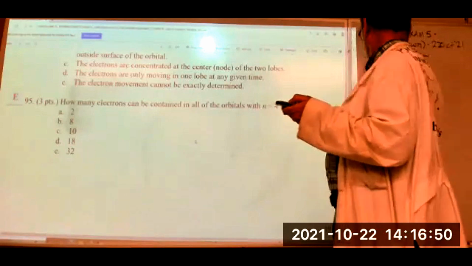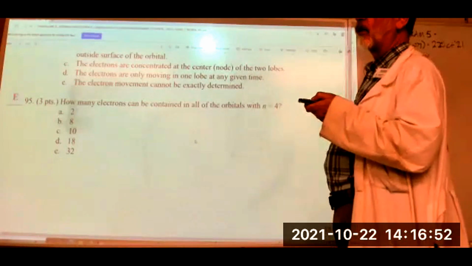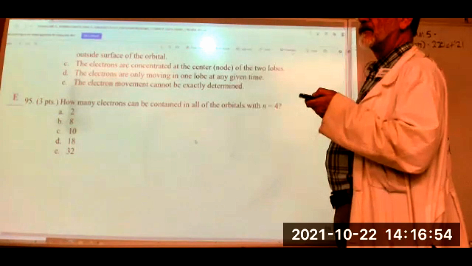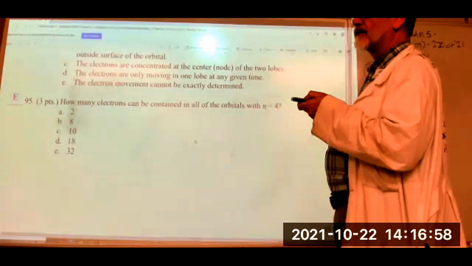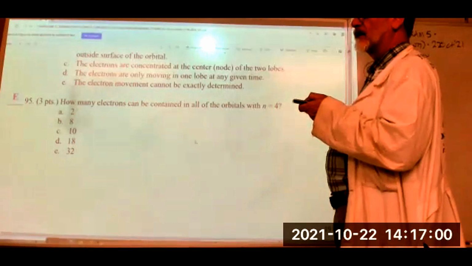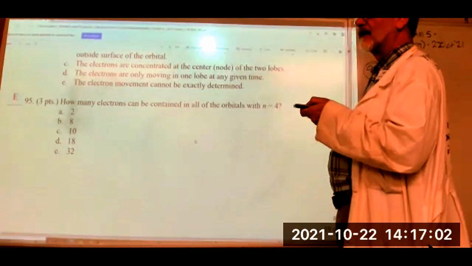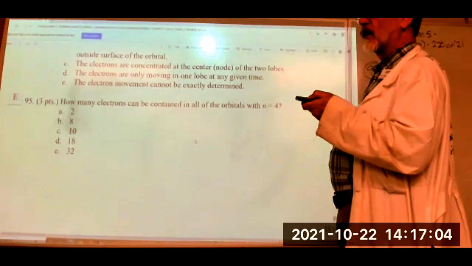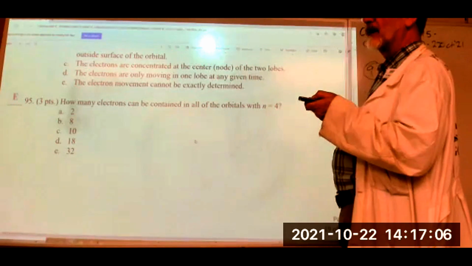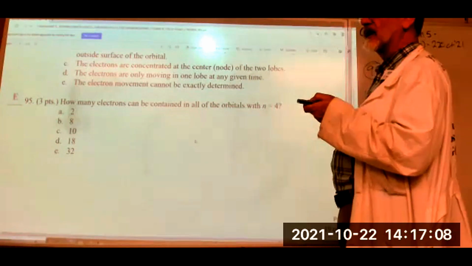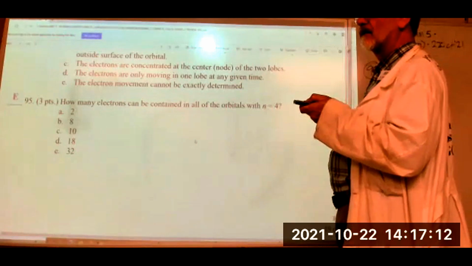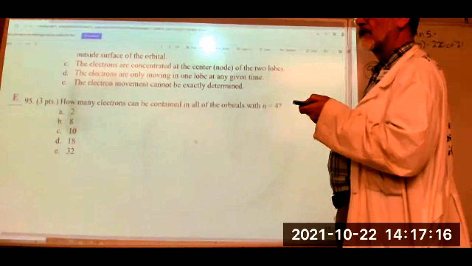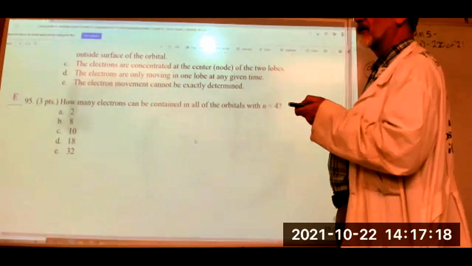Let's count by 2s, because that's how many electrons each holds. 2, 4, 6, 8, 10, 12, 14, 16, 18, 20, 22, 24, 26, 28, 30, 32, 34, 36.